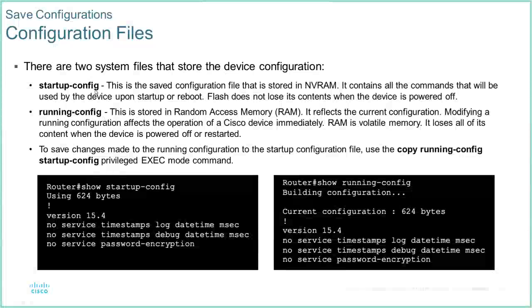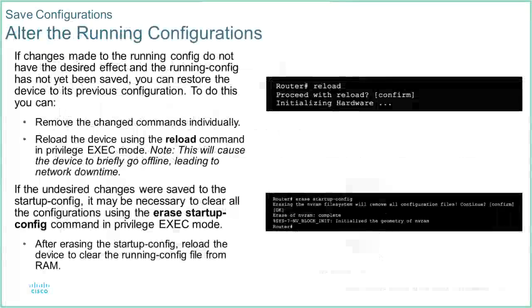It does not affect the startup configuration unless you save it out. To look at the contents of either of these, you type in show startup config or running config, and you can see when you look at those things that they can be different. Right? As I said, one is a live version of the other.